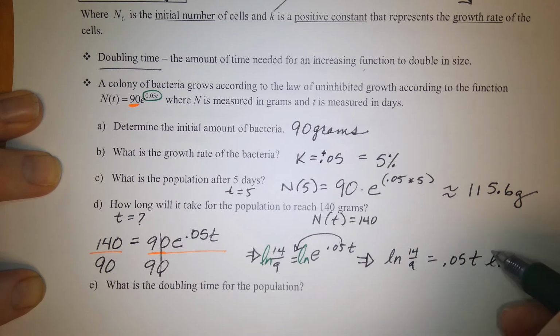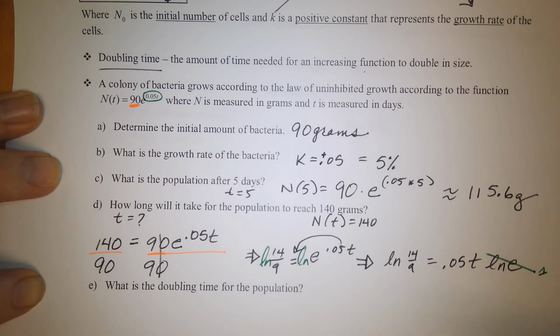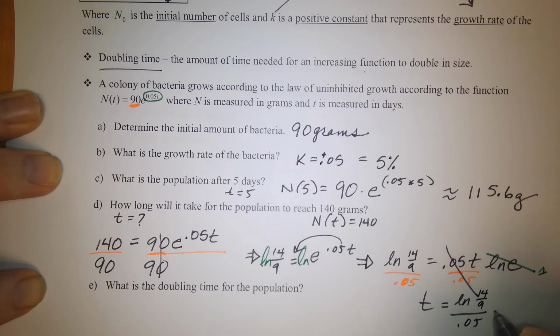Well, we all know that natural log of e is equivalent to 1, so we can cancel that out. Then, in order to get t by itself, we're going to divide both sides by 0.05. So lastly, I'll have t equals natural log of 14/9 over 0.05.